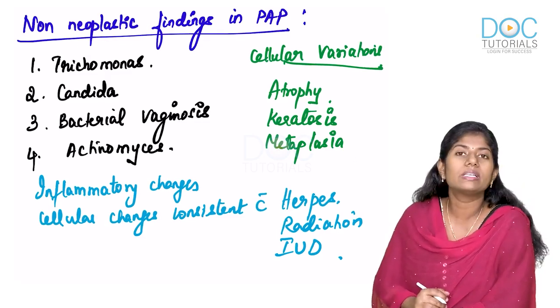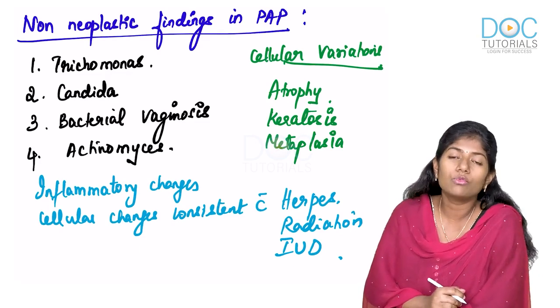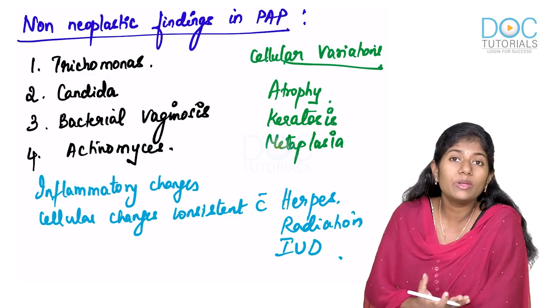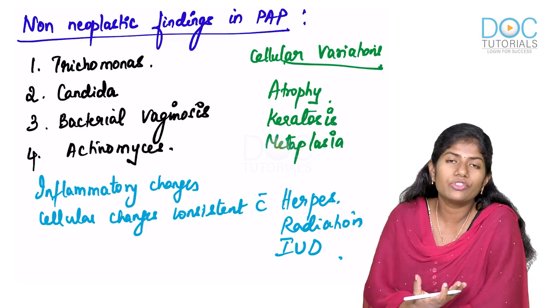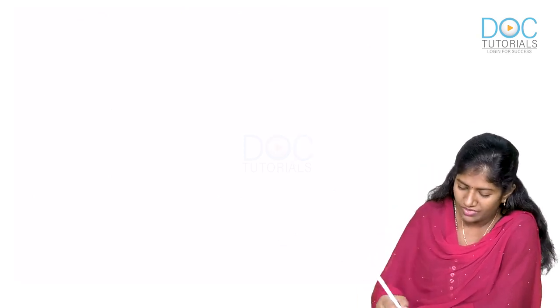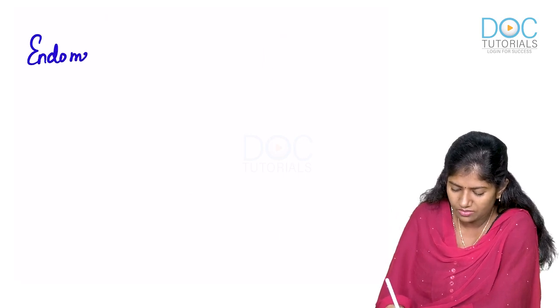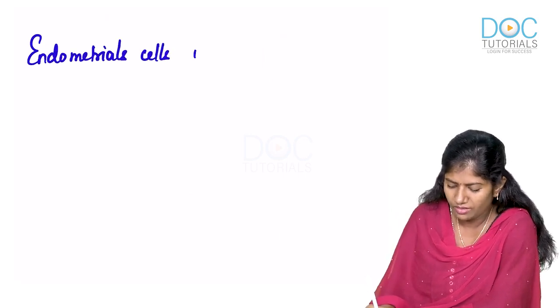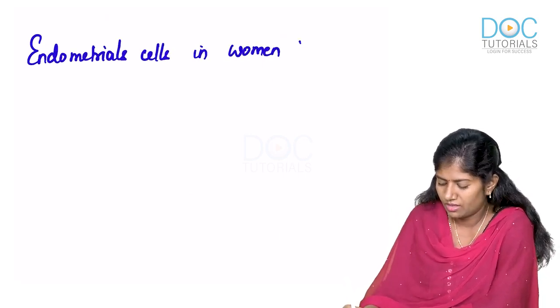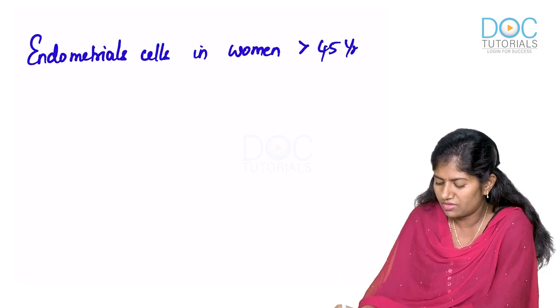And last but not the least, Pap smear can also show endometrial cells in women more than 45 years old.